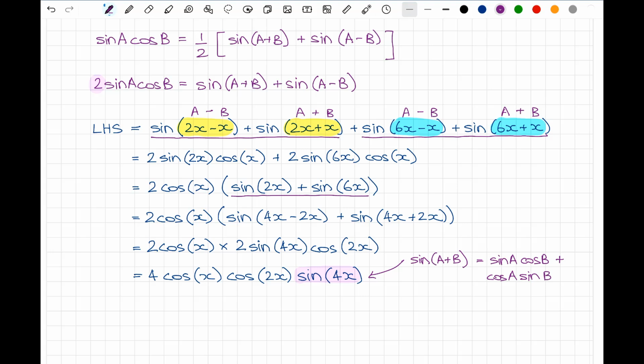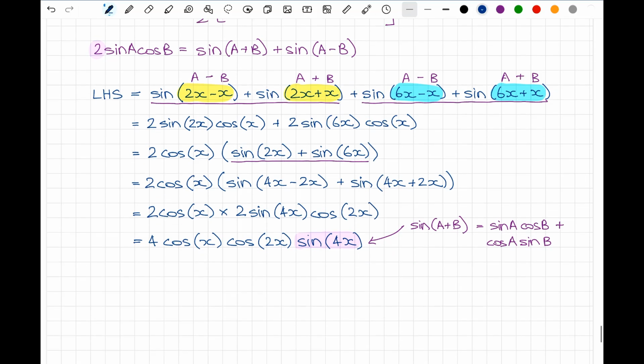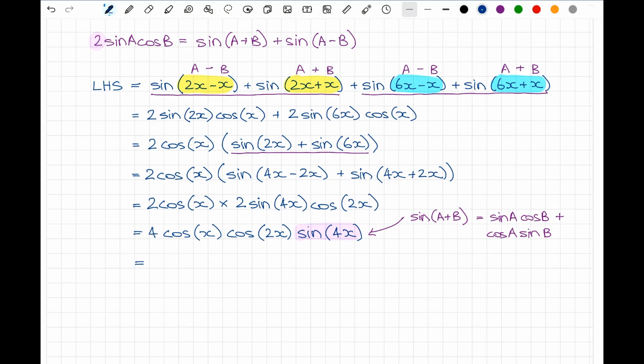And in this case, we can think of a and b as both being the same thing, which is 2x, because 4x is 2x plus 2x. So to make this really clear, I'll write what we've got as 4 times the cosine of x, the cosine of 2x, times the sine, and instead of 4x, I'm going to write 2x plus 2x, and I can treat that as a plus b.